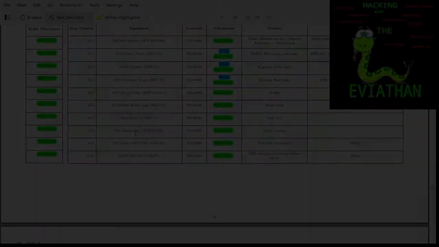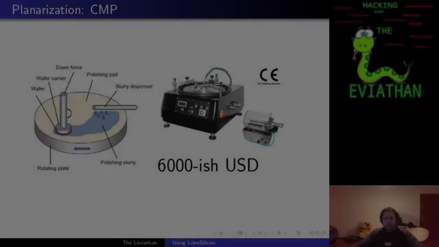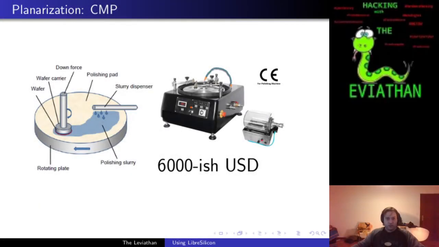Since I already touched on how CMPing works, namely being some kind of sandpapering on a micro scale, I'll go a little bit more into detail here and explain to you with some example how CMP works and how it actually looks like in practice.